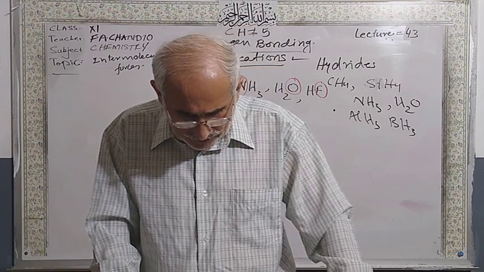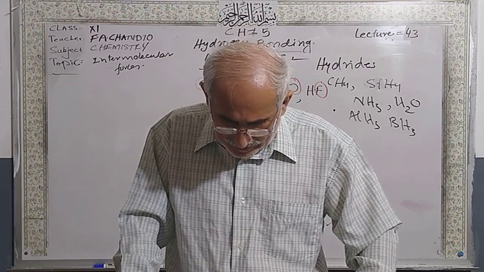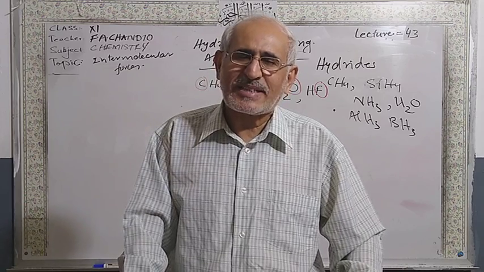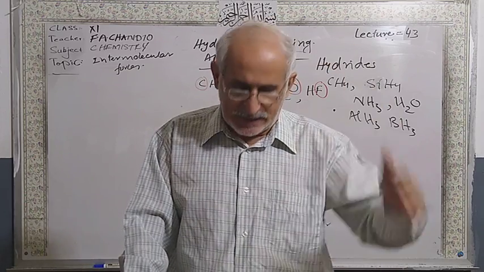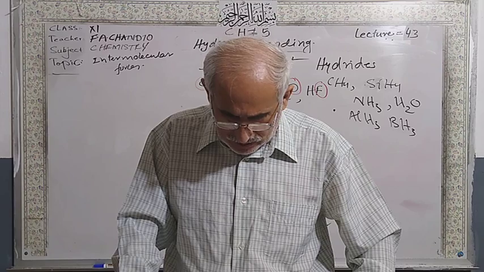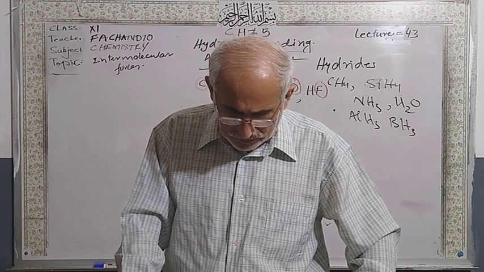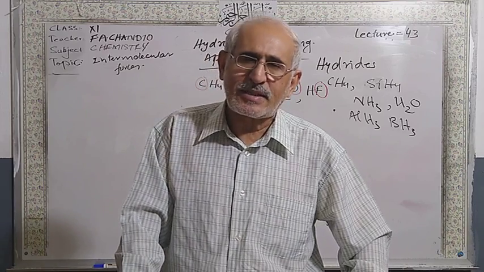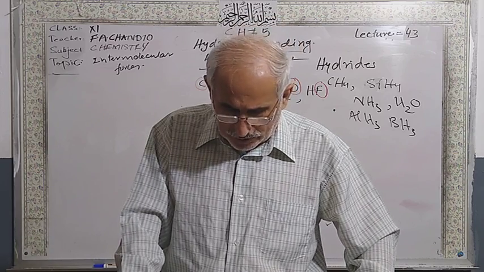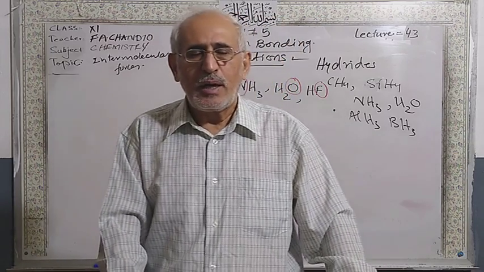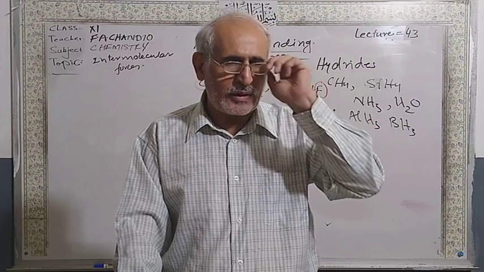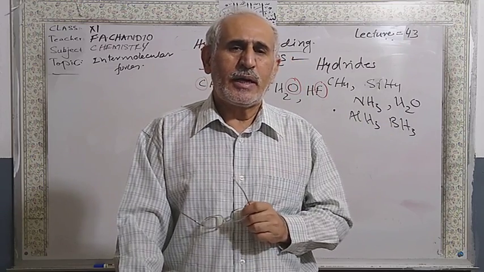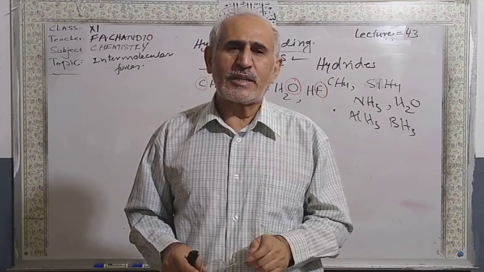If you see group number 7, hydrogen fluoride is on top, and its boiling point is greater than 0, about 25 or 30 degrees Celsius. It's a volatile liquid. Hydrogen fluoride has strong hydrogen bonding, but as you go down the group to HCl, hydrogen chloride, the difference of electronegativity is less.